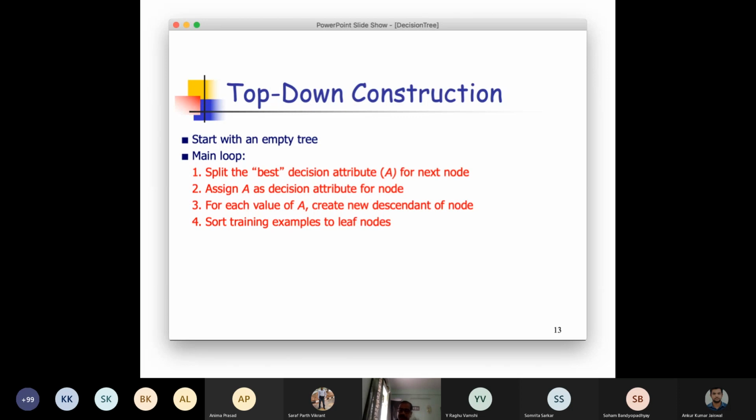Then only those examples come under this scope, and then you check their labels. If the labels are uniform, all the same, then it's a pure node and it becomes a leaf node. If not, then again you go on selecting another appropriate attribute and keep doing this. If the training examples are perfectly classified, then you stop. Otherwise, iterate over the new leaf nodes.